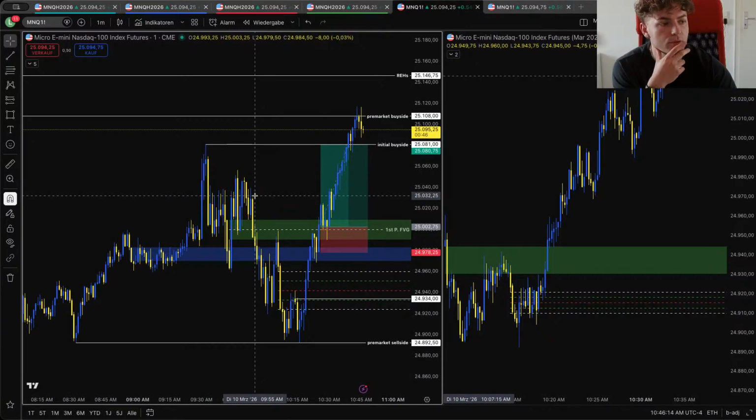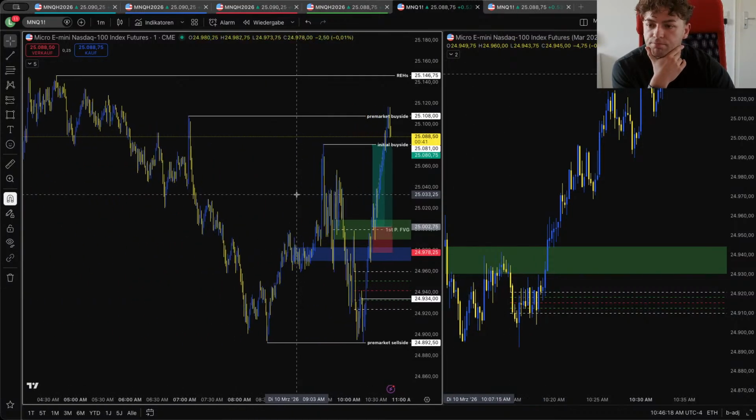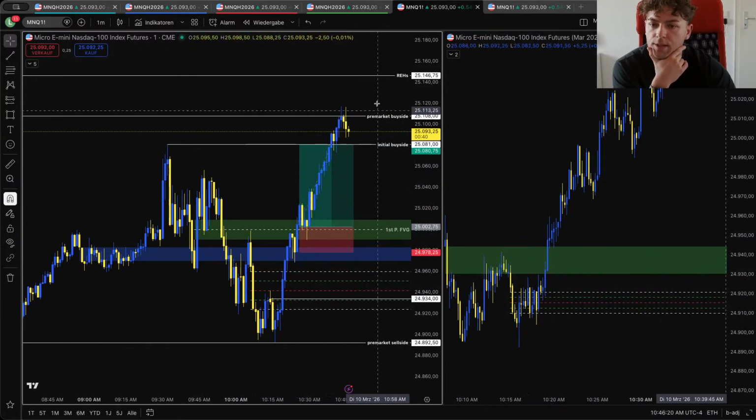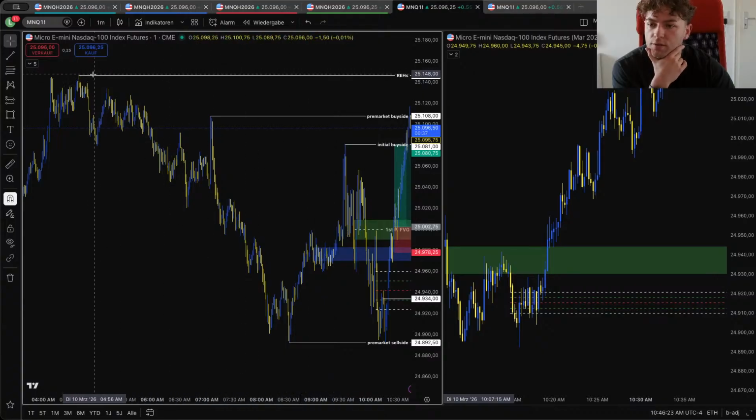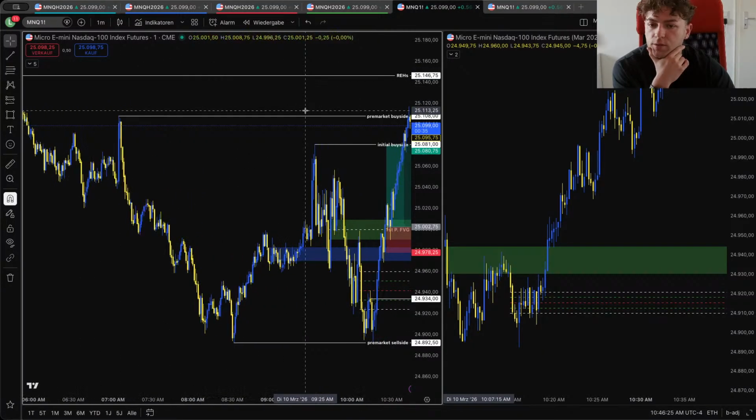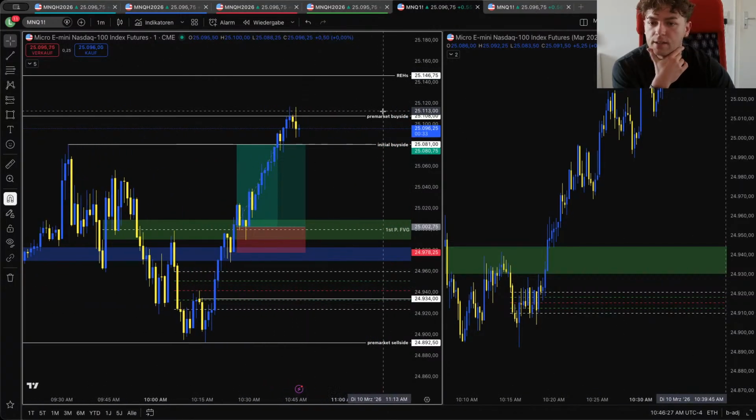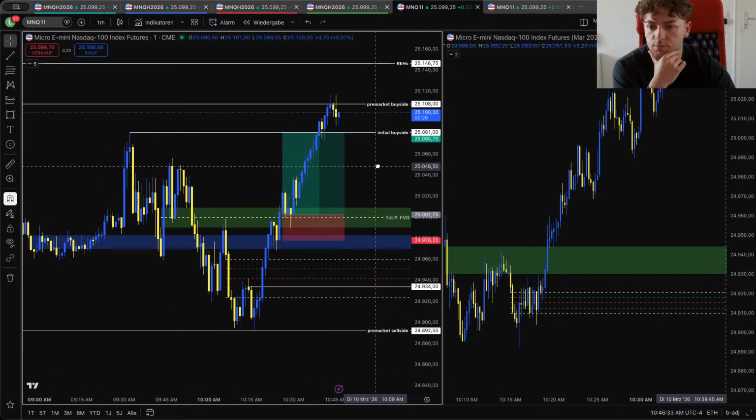I'm just going to screenshot this one and put it into my journal. And let's see. I guess also a relatively equal highs. London high is going to be taken out. At least pre-market buy side was taken out.